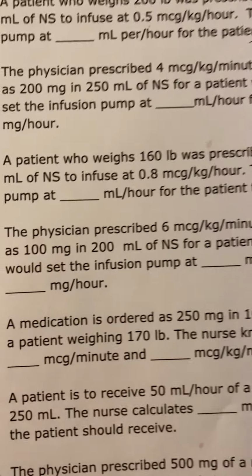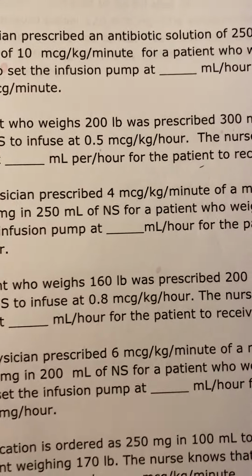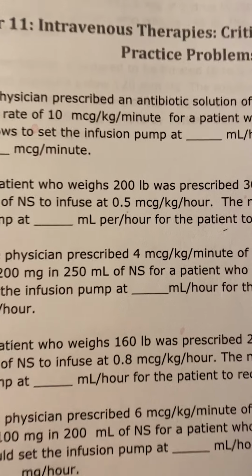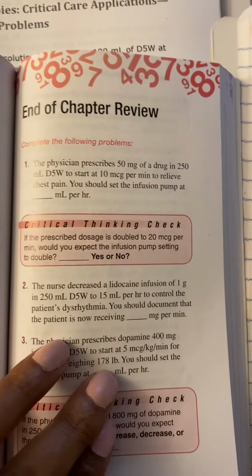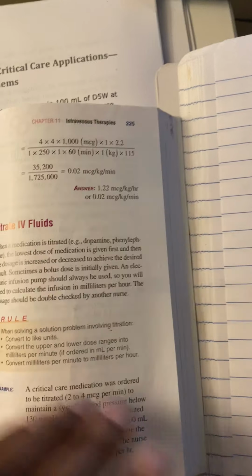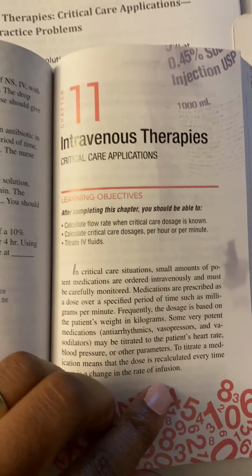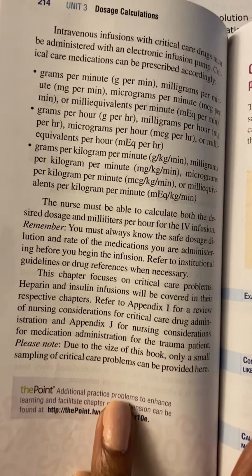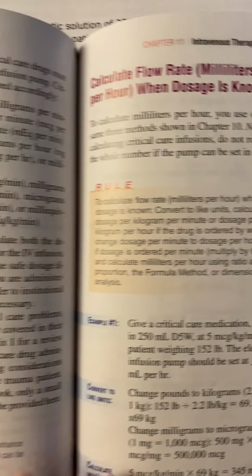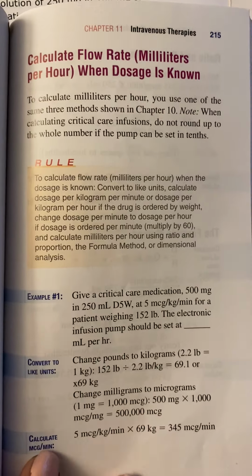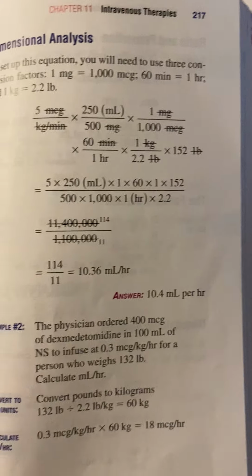Chapter 11 starts on page 213 through 214, and I always make sure you read the chapter prior, so that you will have examples when it comes to critical care and using IV therapy.